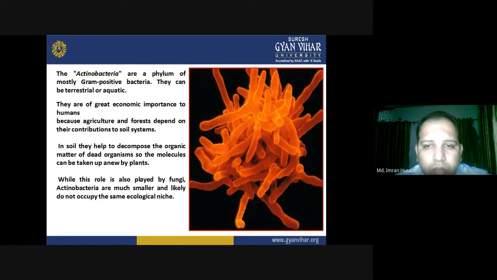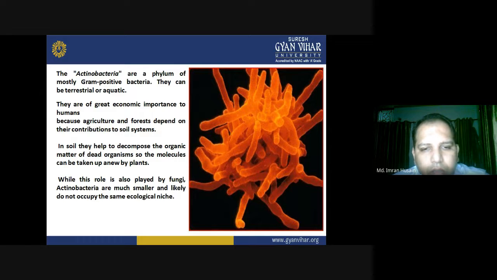They contribute a lot in the forest by acting in the soil system. So each and every detail is essential when it comes to actinobacteria, and it plays a vital role for the benefit of human beings, though human beings are working constantly on it and trying to explore it more.